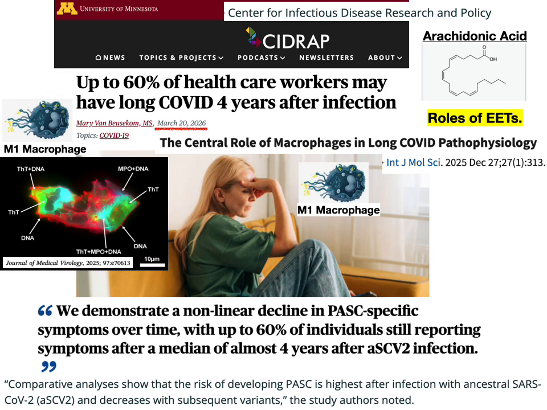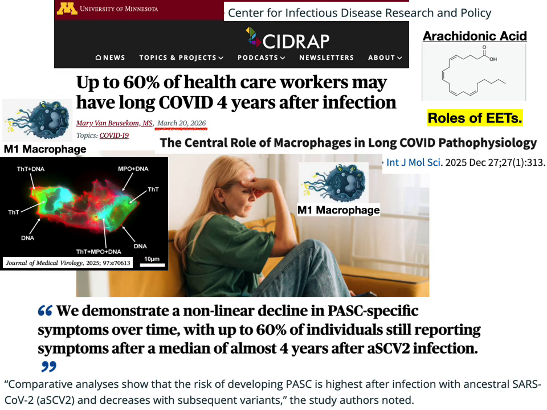Up to 60% of healthcare workers may have long COVID 4 years after infection. We demonstrate a nonlinear decline in PASC-specific symptoms over time, with up to 60% of individuals still reporting symptoms after a median of almost 4 years after ancestral SARS-CoV-2 infection.